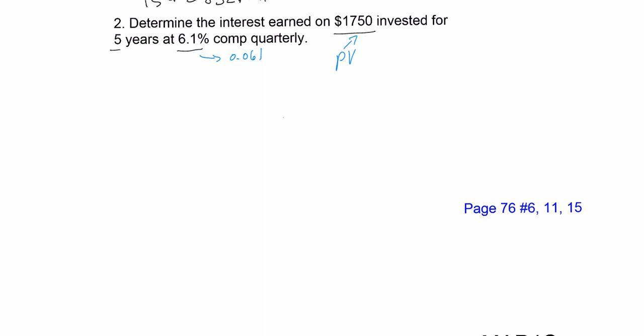So when we do our calculations, we'll always start by writing FV is equal to PV (1 plus i) to the n. Now the present value is $1,750. We have 1 plus 0.061, and then we have to divide it by, well, if something's compounded quarterly, the key number is 4, so we're dividing by 4.